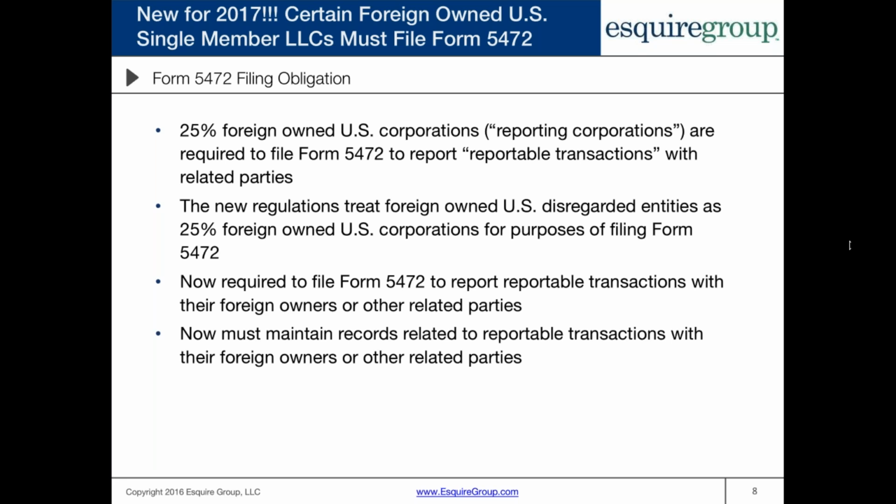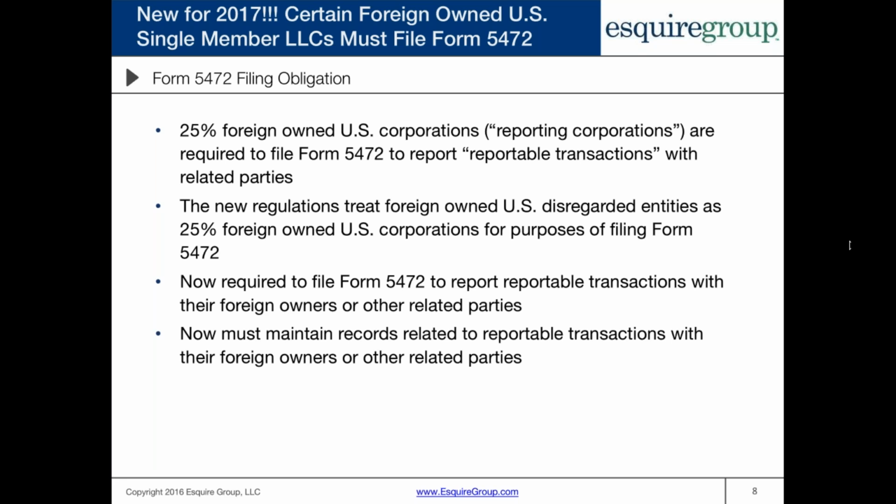These new regulations treat U.S. disregarded entities as 25% foreign-owned U.S. corporations for purposes of filing Form 5472. So, since in order to be a disregarded entity, there has to be 100% ownership of this U.S. LLC, basically all single member LLCs that are taxed as disregarded entities would have 25% or more foreign ownership.